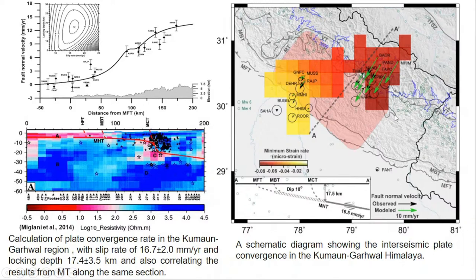This is occurring over here, but this part is locked, and the pink tint shows the coupling, with strong coupling going on over here. All this information gives an idea that this region is very vulnerable with respect to seismic hazard, and a megathrust earthquake will take place in the near future.